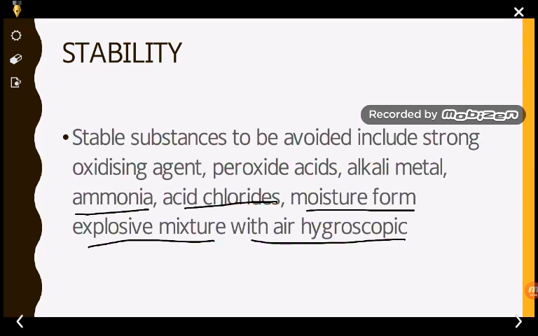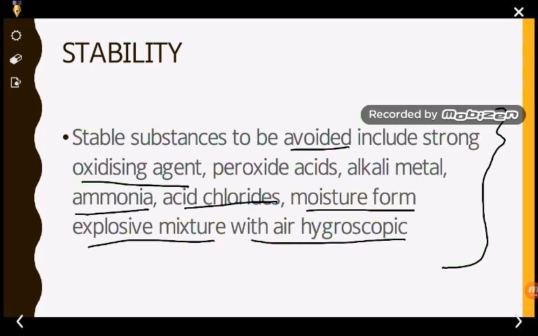It is said how to make this ethyl alcohol stable, or how this stability can be maintained. So this stability can be maintained by avoiding oxidizing agents. We should not keep this ethyl alcohol side by side with another chemical like an oxidizing agent.